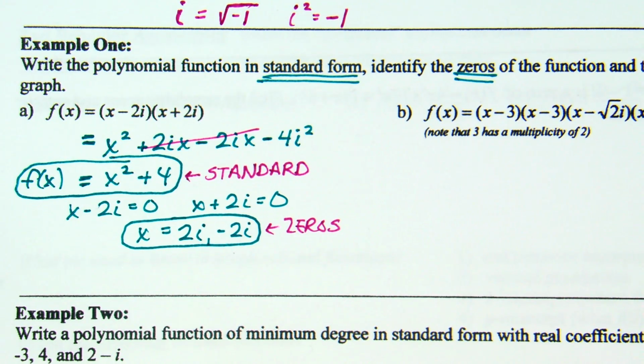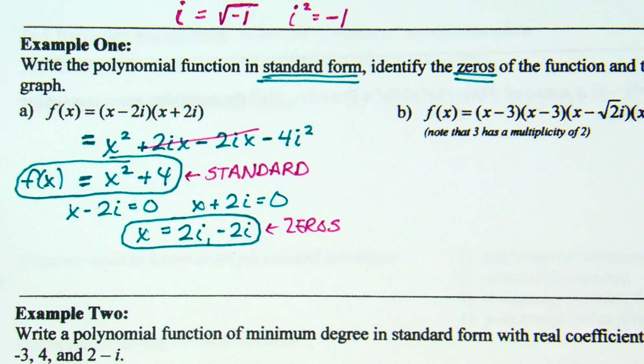If you graph this, can you see a zero of 2i and a zero of negative 2i? No. Okay? You don't see 2i and negative 2i on your graph. So, if my only zeros are imaginary, what would you guess about x-intercepts? There are none.